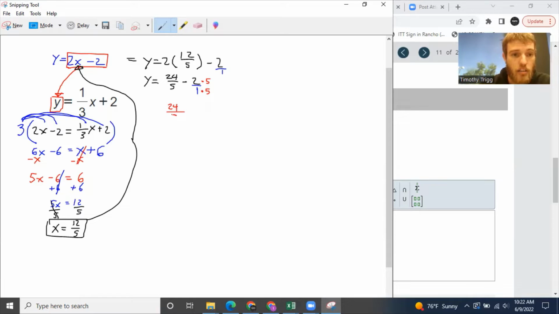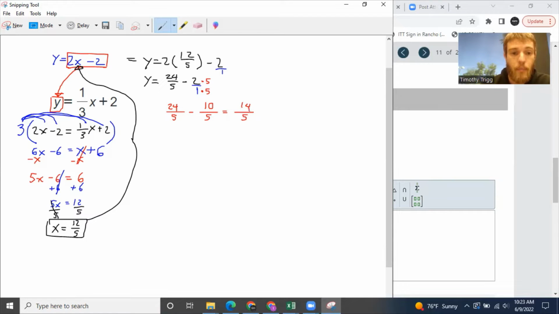This first fraction doesn't need to change, but the second fraction now will have a denominator of 5. So remember, whenever we're adding or subtracting fractions, you'll have to change the fractions sometimes so that they have the same denominator. And now that they have the same denominator, we can easily subtract the numerators, giving us 14/5.